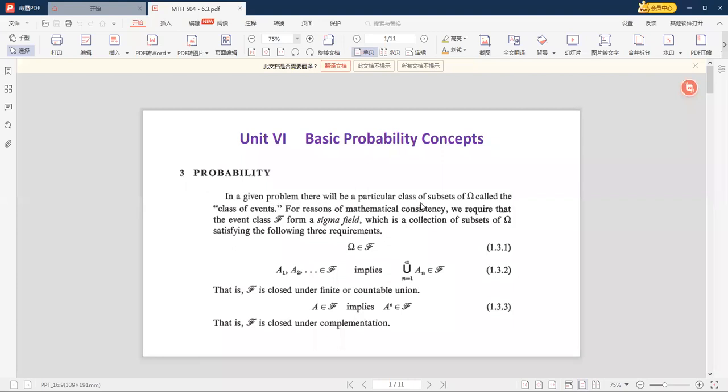So we talk about the sample space omega. That's the set of all the outcomes in the experiment. And then we talk about the events. Each event is just a subset of this sample space omega. And in a given problem, you are talking about some events or a particular class of events.